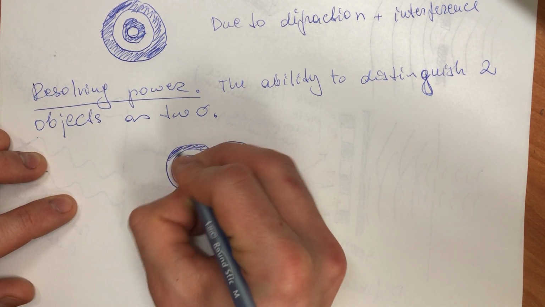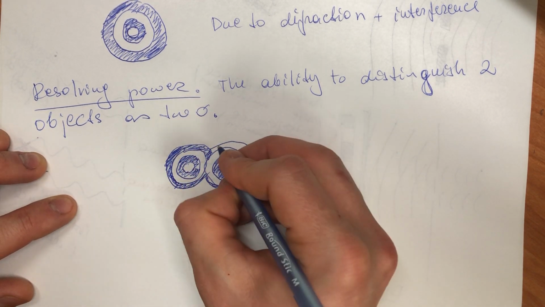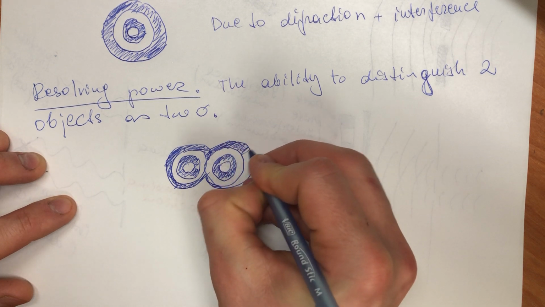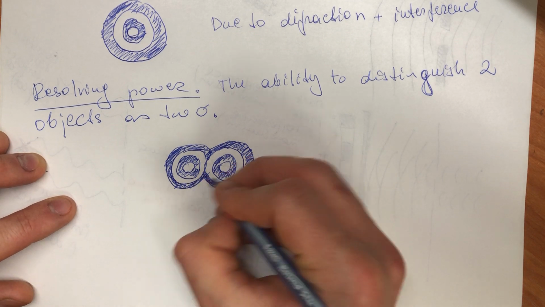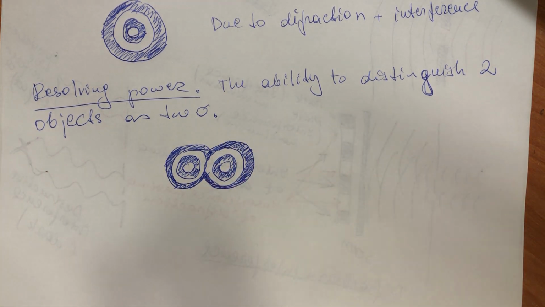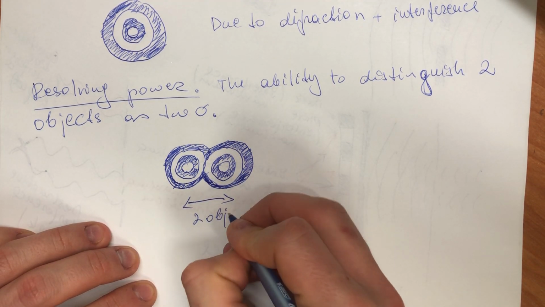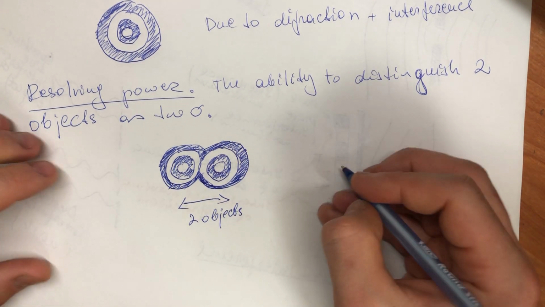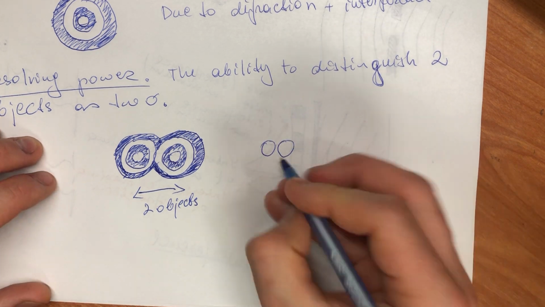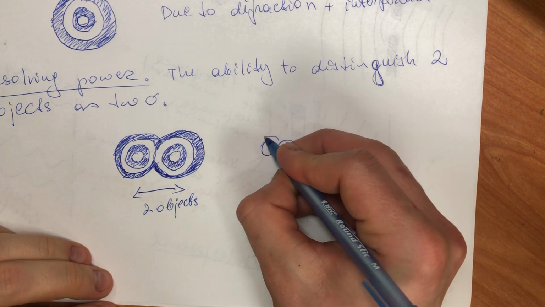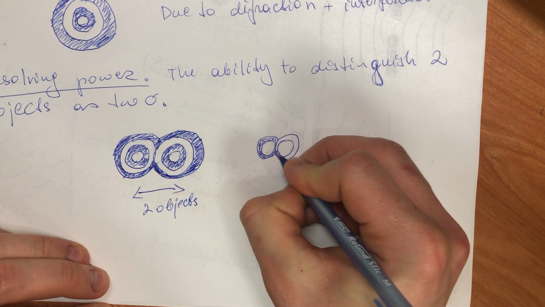Due to diffraction, very small objects, if we were looking with a microscope or something, or if these were just two pinholes that were lit by a laser, and we would take a closer look, we would see this. So here we can distinguish that there are two objects. We can distinguish.